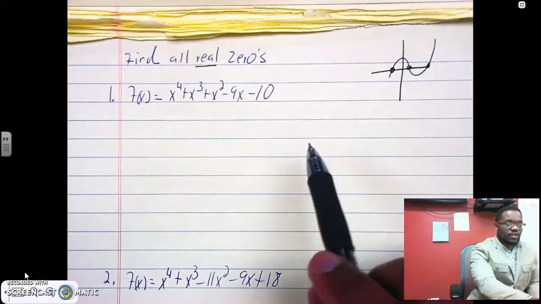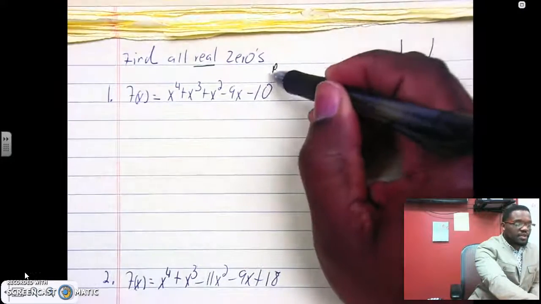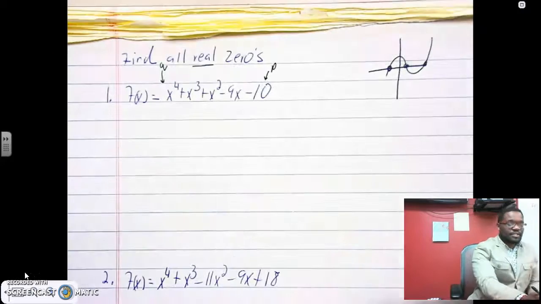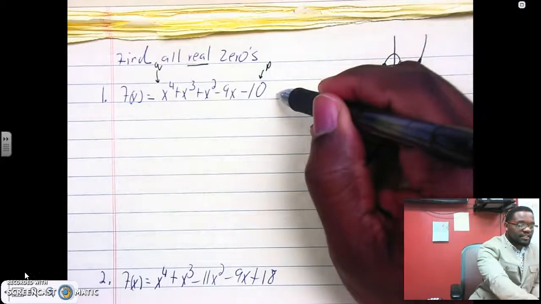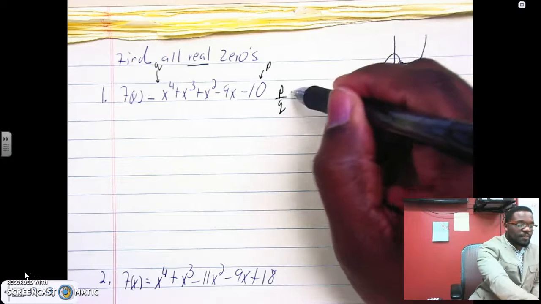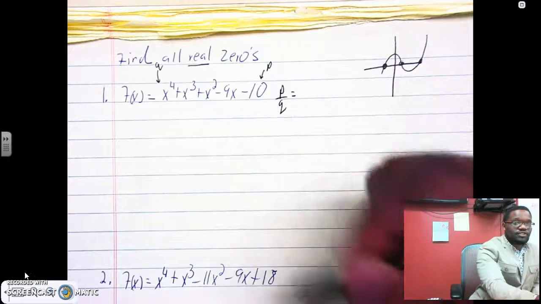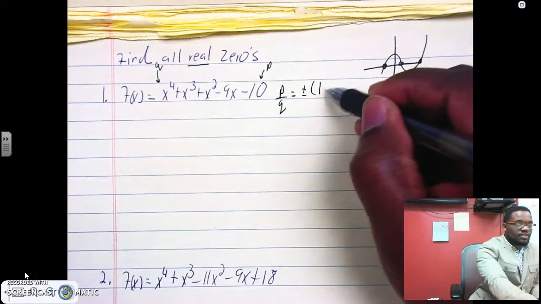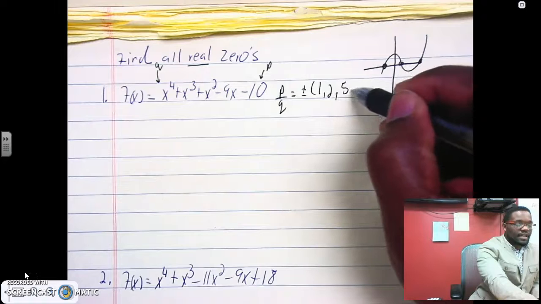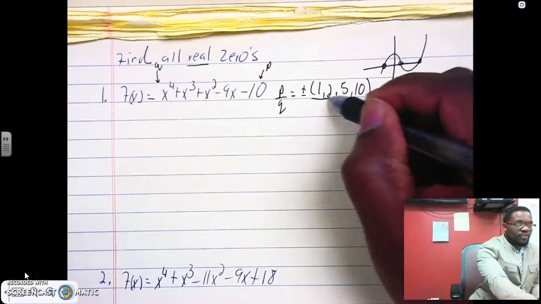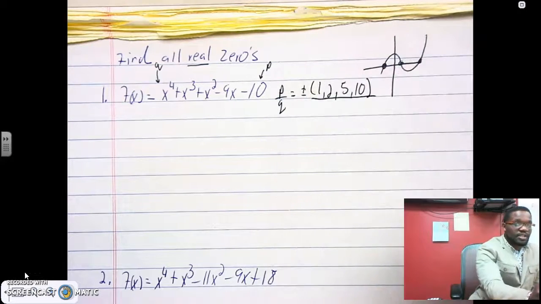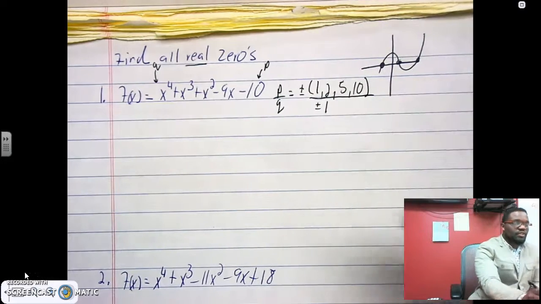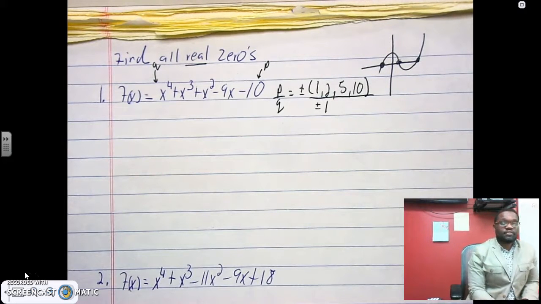If we call this P and the leading coefficient Q, we make a fraction list out of P over Q. Let me list all the factors of 10, which are positive and negative 1, 2, 5, and 10. All of those are the factors of 10, which is P. Q is 1, and so all the factors of Q are positive and negative 1.